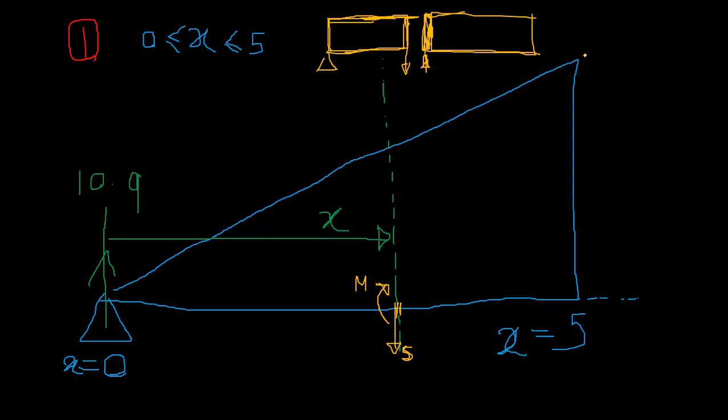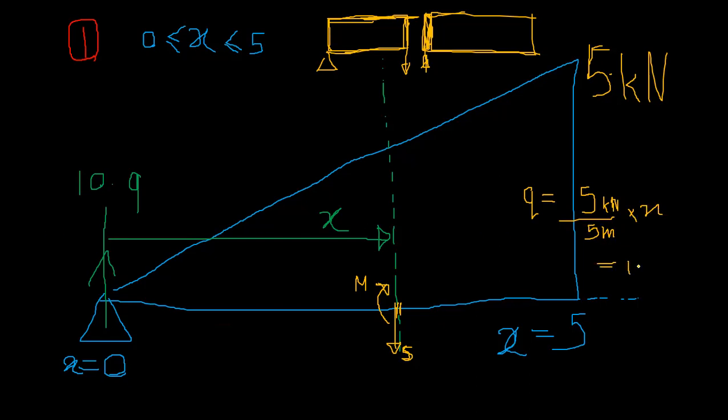So we need to take the intensity. That's how we are going to idealize this load. So it's 5 kilonewtons, right? Let's say the intensity is Q, that 5 kilonewtons is for 5 meters. What would it be for X distance? That's going to be 1x, right?